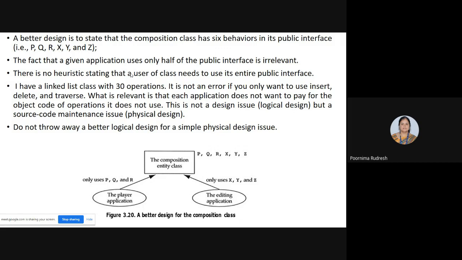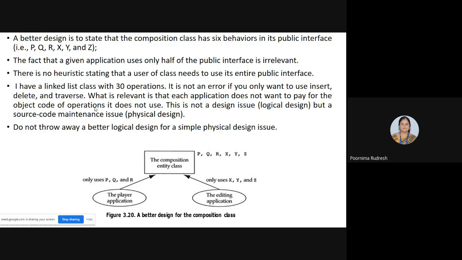But out of 30 operations, if you use only 4 operations like insert, delete, traverse, or modify, then no problem. You can use only 4 operations, even though you have created 30 operations. Here, what is relevant is that each application does not want to pay for the object code of operations it does not use.